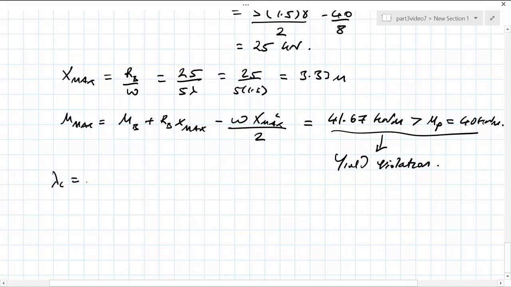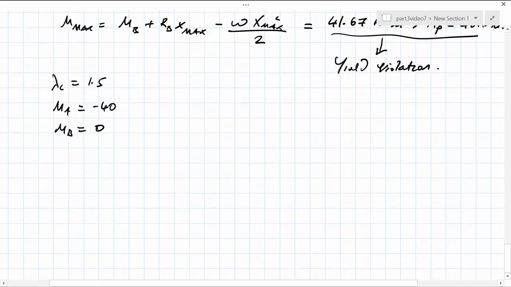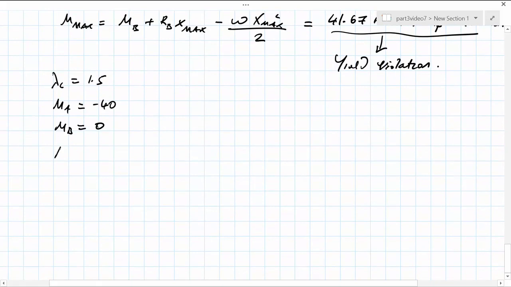Currently, lambda c is equal to 1.5, MA is equal to minus 40, MB is equal to 0, MC is equal to 41.67, MD is equal to minus 40, and ME is equal to 40.